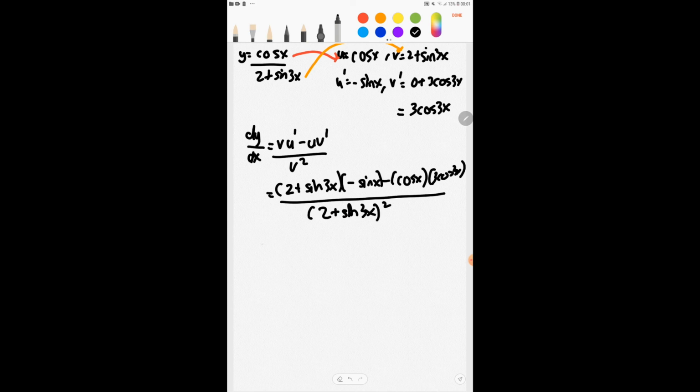So if we expand the numerator, we get negative 2 sine x minus sine x sine 3x minus 3 cos x cos 3x, divided by 2 plus sine 3x squared. So that is the dy dx.